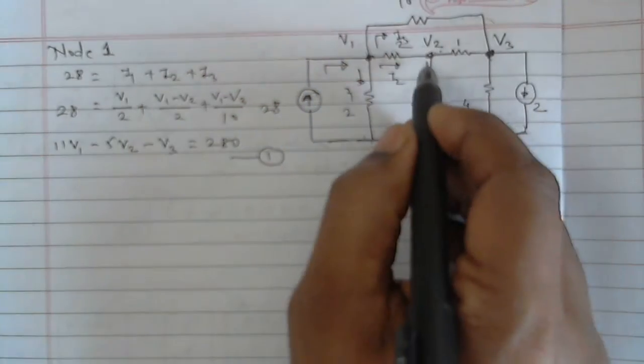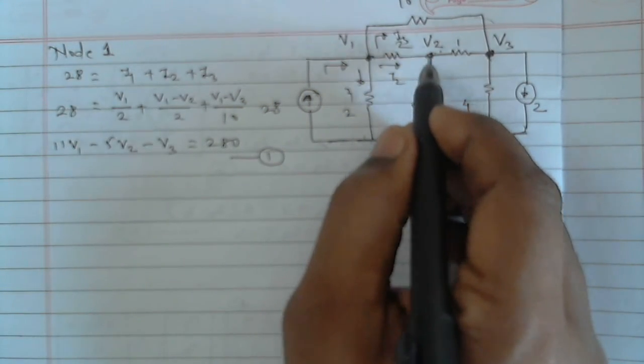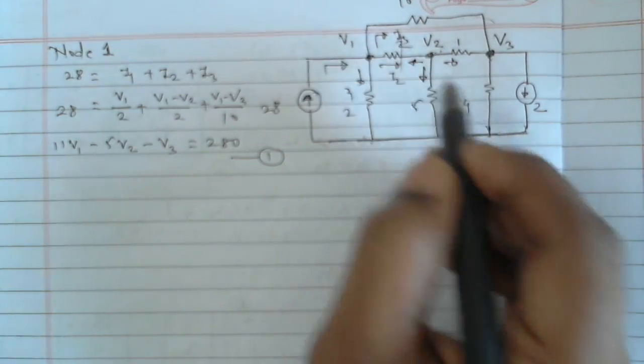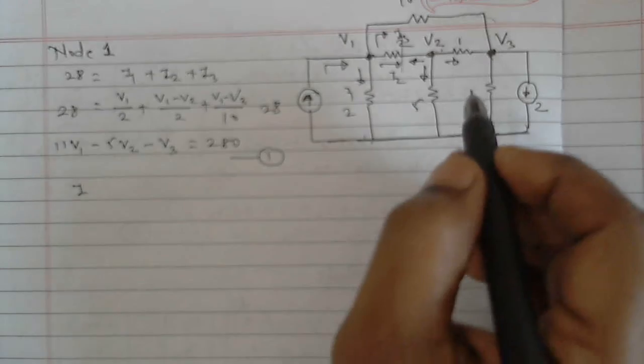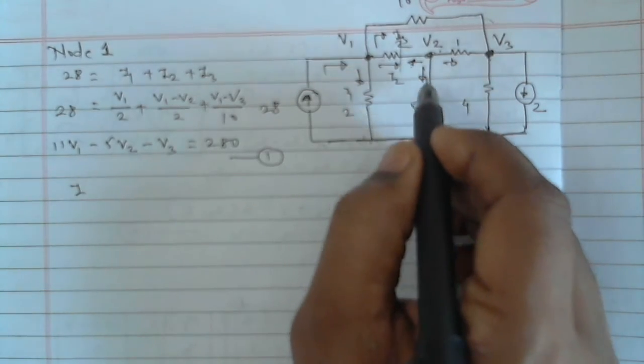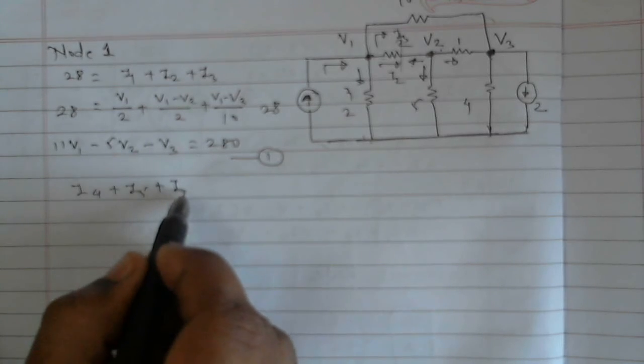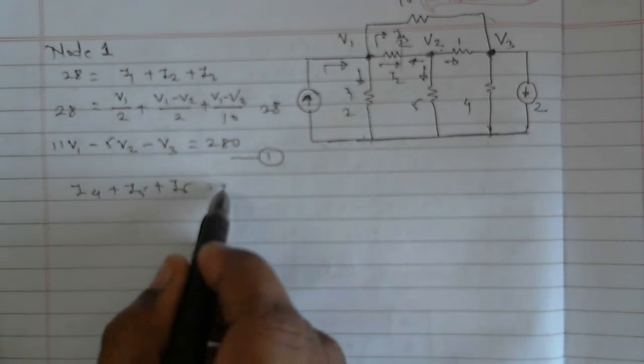This is the first equation. Now let's apply KCL at the second node. Forget the previous directions. Now again fresh outward directions. So I can say this is I4, I5, I6. I4 plus I5 plus I6 equal to 0.